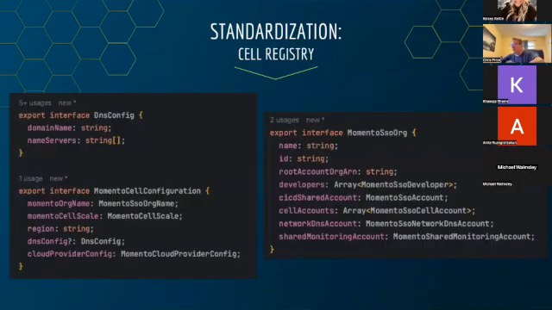Another one that we use both at my job at AWS and at Momento is coming up with a way to define a registry of your cells.